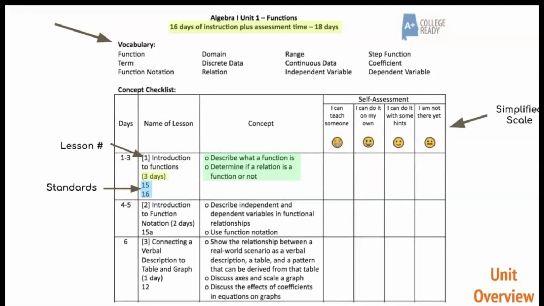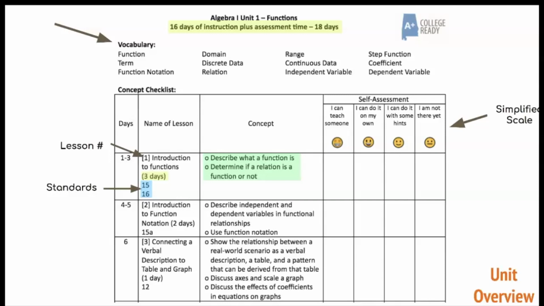Last but not least, you see here a simplified scale. So you will be learning more about scales as we advance through our 4 days of training. This here is just a rating scale for the students.